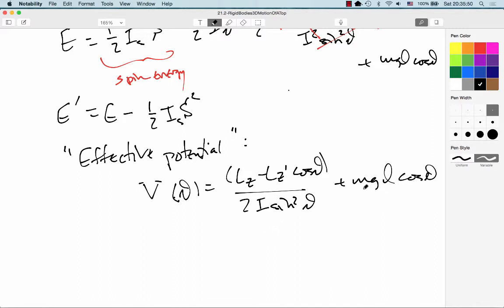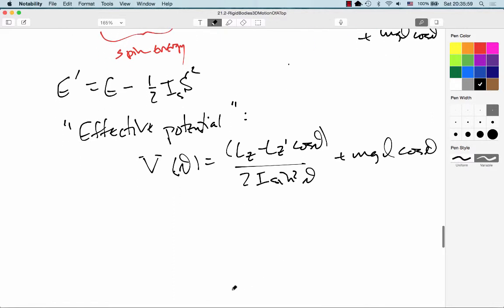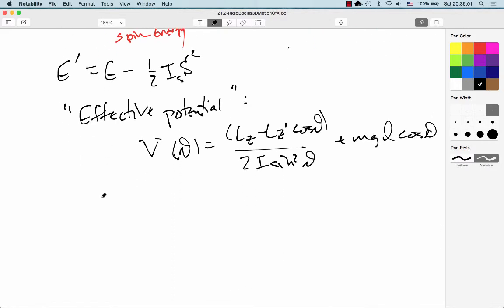This actually is a potential energy term. But this means that we can focus on just the theta coordinate alone. So we're down to our E prime equaling 1/2 I theta dot squared, that's a kinetic energy term, plus our effective potential.